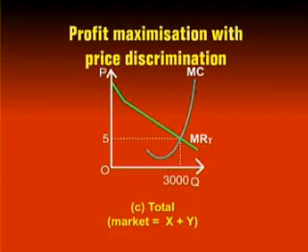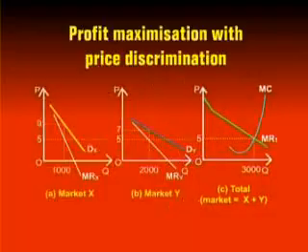This output must then be divided between the two markets so that the marginal cost is equal to marginal revenue in each market. That is, marginal cost is equal to marginal revenue is equal to rupees 5 in each market. MR must be the same in both markets, otherwise revenue could be increased by switching output to the market with the higher MR. The profit maximizing price in each market will be given by the relevant demand curve.